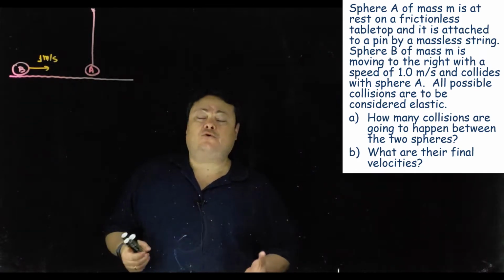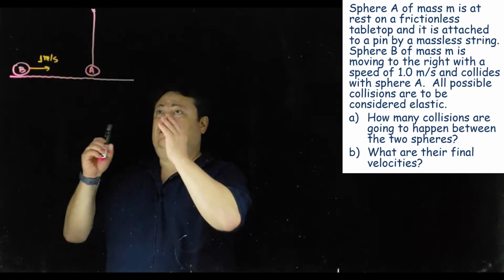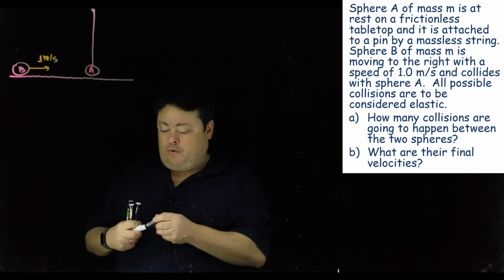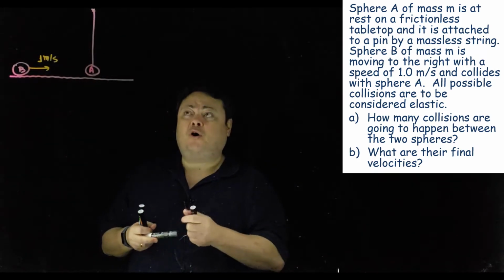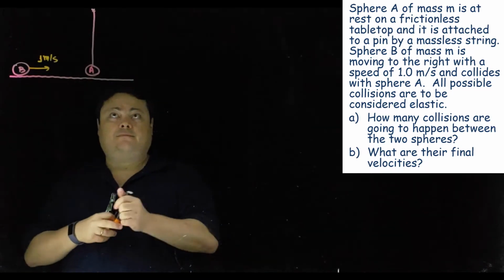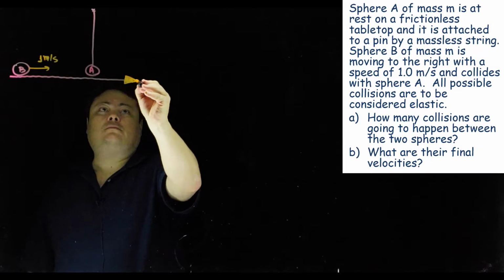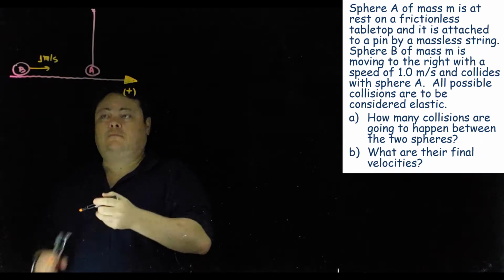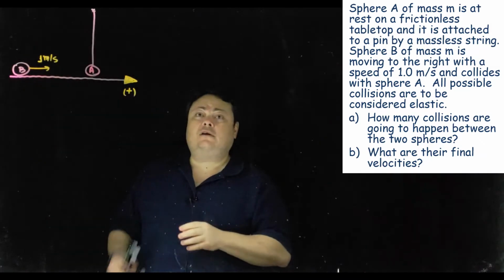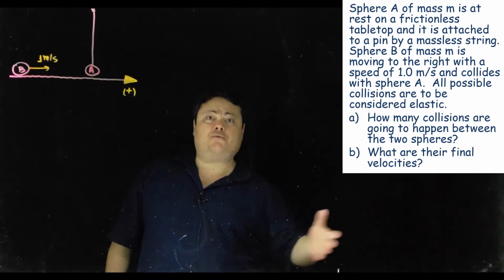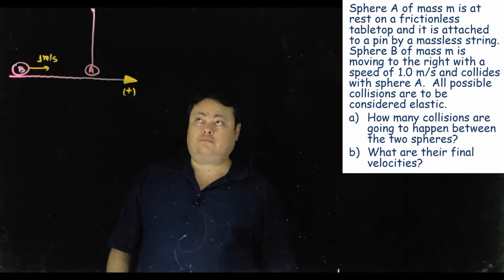Well, the first thing I need to do is determine their velocities after this first collision. So I will now set a reference frame, positive to the right. In that sense, velocities to the right are positive, and negative velocities would represent a velocity to the left.